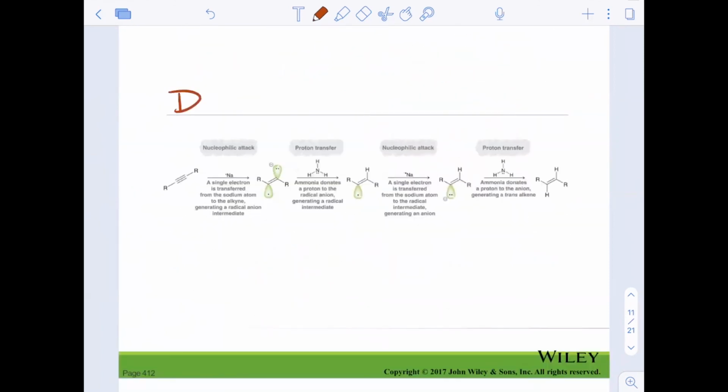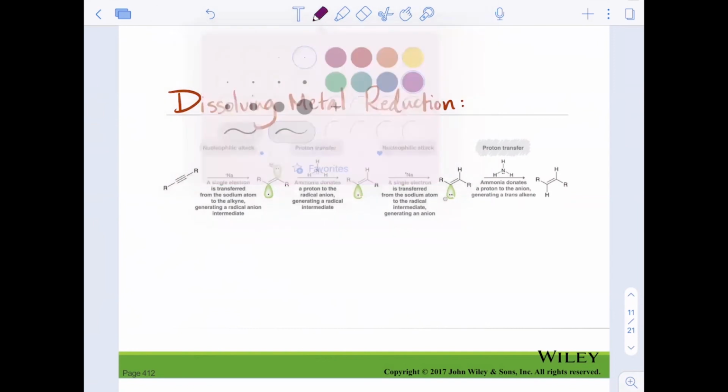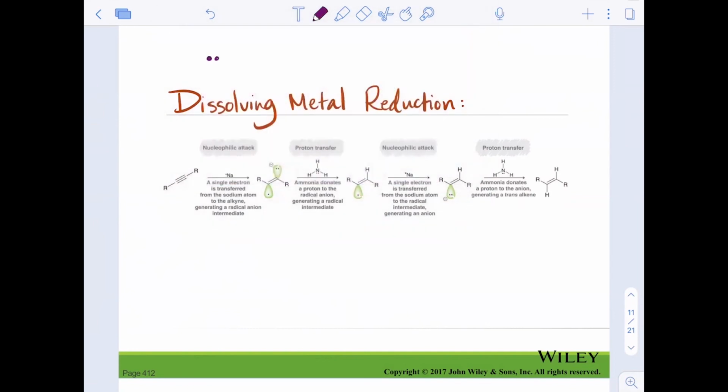So this is for the dissolving metal reduction. I want you to be able to walk through this and know this mechanism because I feel like it's a very good introduction to our curved arrows of both single-headed and double-headed arrows. Just as a quick overview before we dive into this, we've been using double-headed arrows, right? 2 electrons moving at a time.